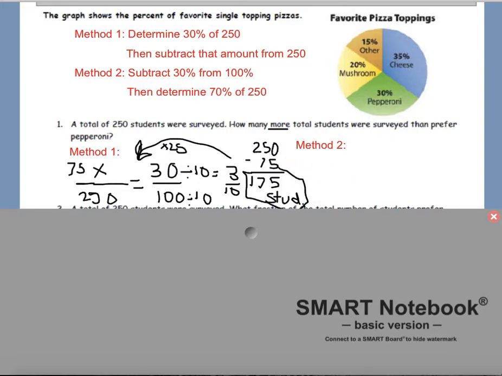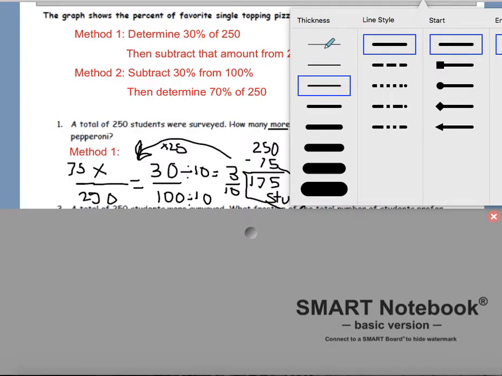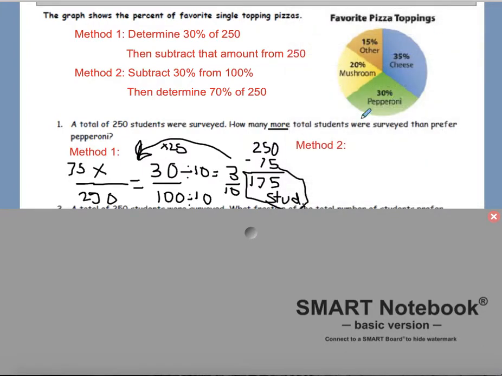All right, and then with method 2, first we would subtract 100, because that's our total percentage, minus 30 to get us 70%. And 70% is how many more there were total than those who preferred pepperoni.